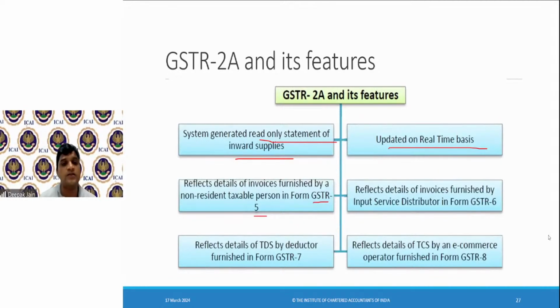NRTP will not file GSTR-1, he will file this GSTR-5. It reflects details of invoices furnished by an input service distributor in form GSTR-6. That also will come here. It reflects details of TDS by deductor furnished in GSTR-7, and details of TDS by e-commerce operator furnished in GSTR-8. All of this will come.